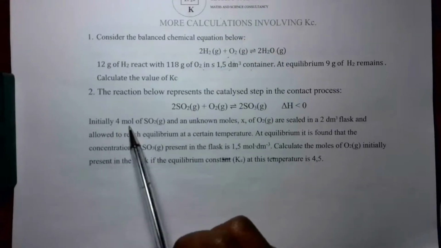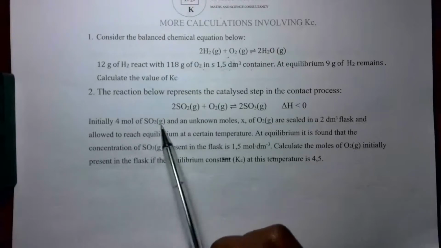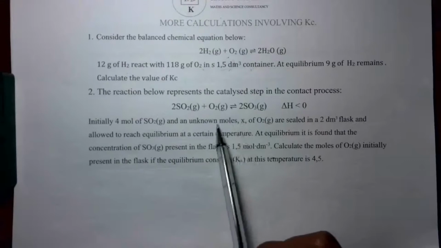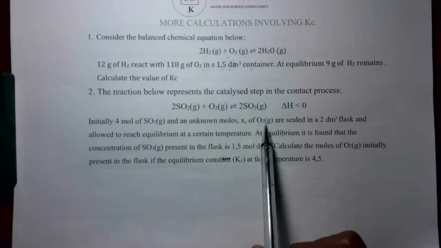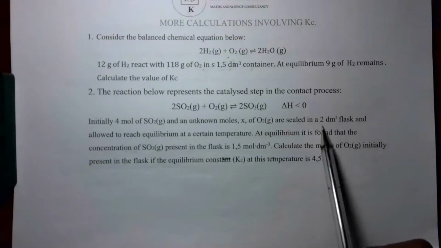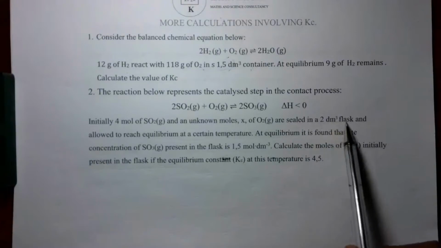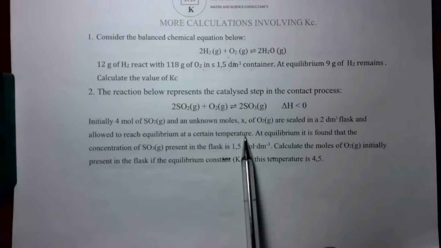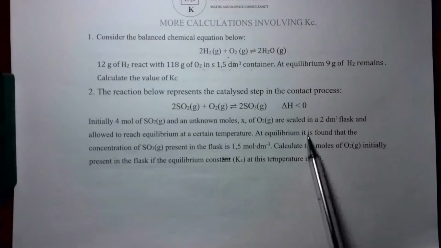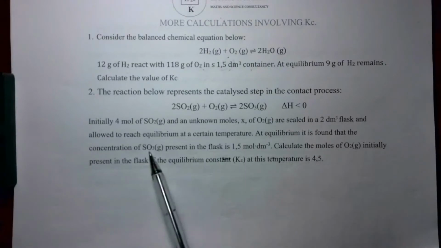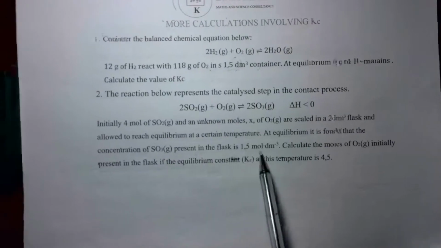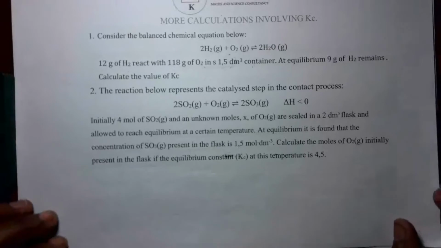So initially we've got 4 moles of sulfur dioxide and an unknown moles X of O2 sealed in a 2 decimeter cube flask and allowed to reach equilibrium at a certain temperature. At equilibrium, it is found that the concentration of SO3 present in the flask is 1,5 mole per decimeter cube.